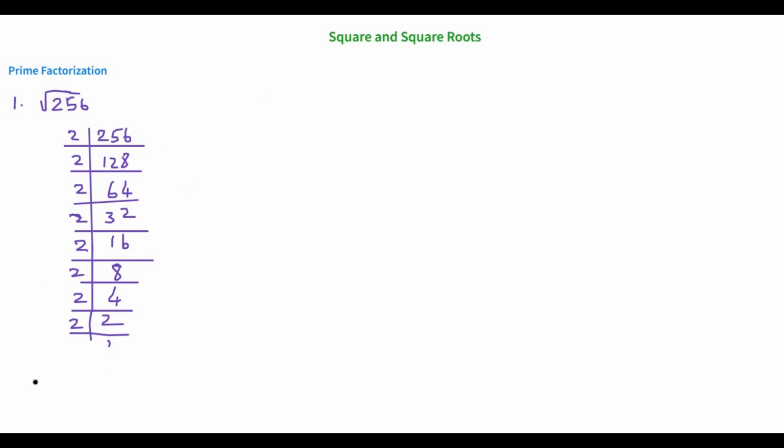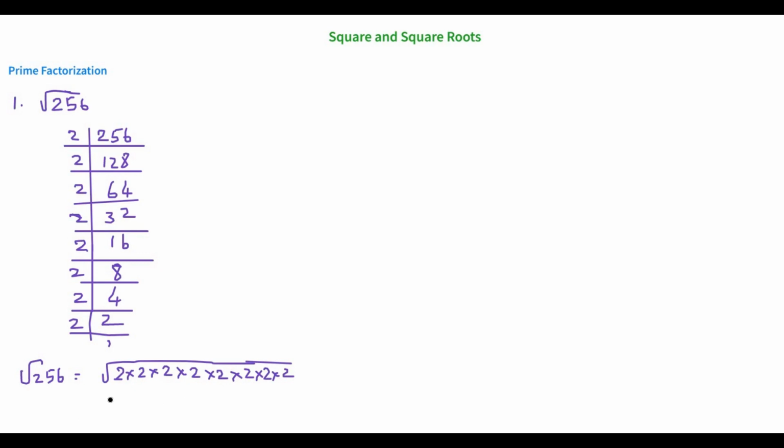So now, the square root of 256 equals the square root of how many 2's do we have? 1, 2, 3, 4, 5, 6, 7 and 8. So inside the square root I have written all the 8 2's.